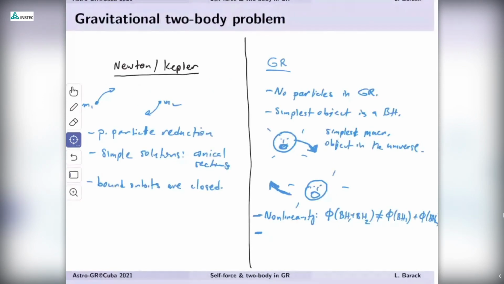Another striking difference is you don't have bound states at all. No bound orbits or states. If you start with a universe in which you have two compact objects or black holes, and you let it evolve in time, there are only two end states. One is a single black hole.